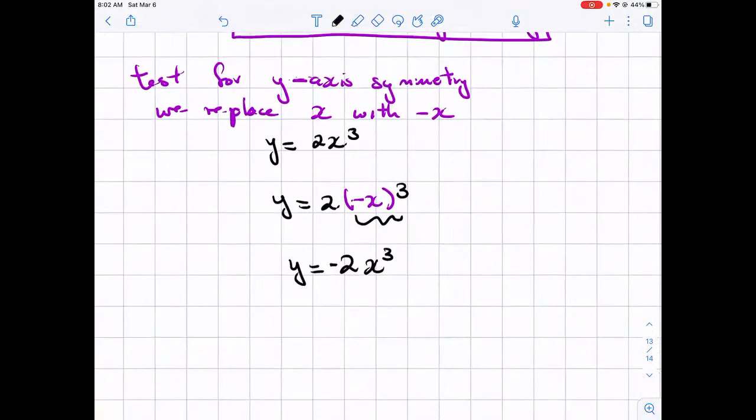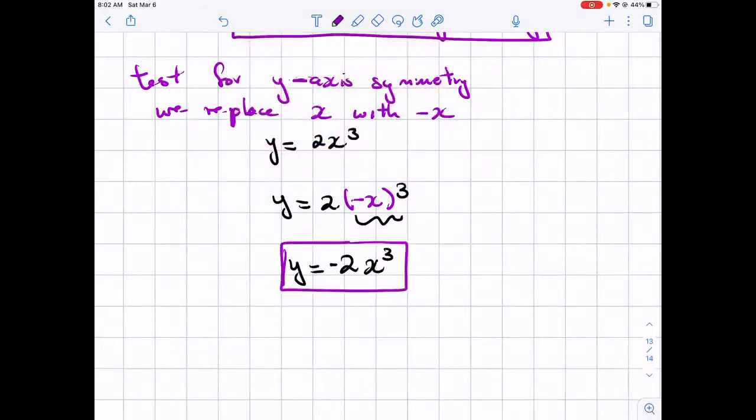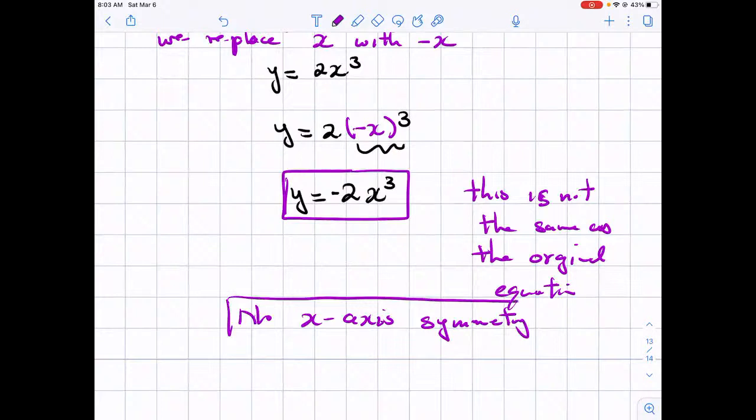So notice that this is not the same as the original equation. So we have no y-axis symmetry.